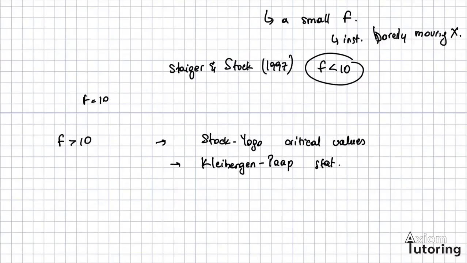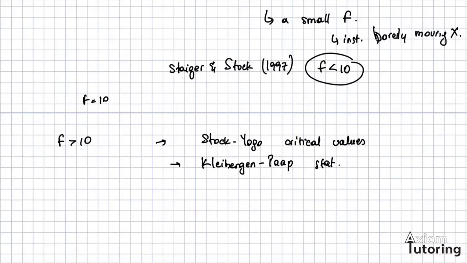But keep in mind, these are additional ones which are mostly used for published research. For introductory applications, and also for your dissertations, the F being bigger than 10 is more than sufficient, okay? Although most journals nowadays do require reporting the first stage F statistic alongside the IV result, but some do require all of these other test statistics very explicitly. So just keep that in mind.